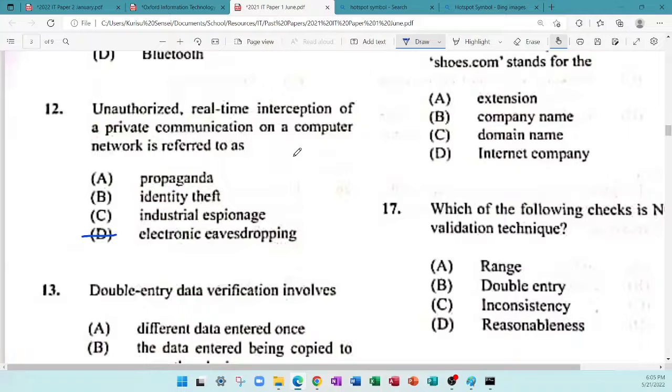Okay, and industrial espionage is thieving business information from a site and stuff like that. You get a question like that later on. Espionage basically means spying, so you're spying to steal the person's information. Okay. And identity theft basically tells you what it is.